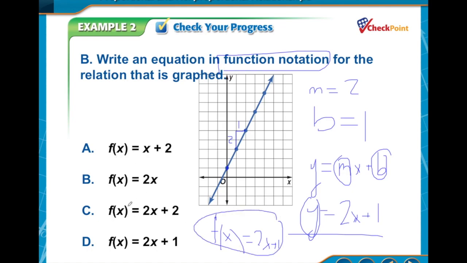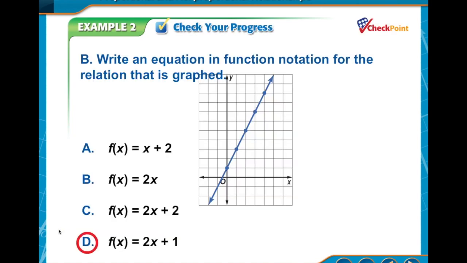So which of our answers gives us that? We know it has to be D. So for 2b, try to have yourself an image of the line crossing at 1, going up to the right, and we found that with a couple steps. So you should be okay to solve some problems as we jump into some practice time.